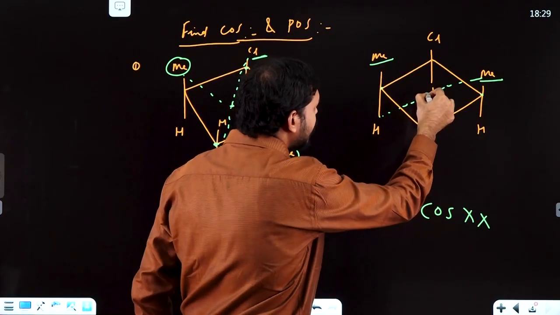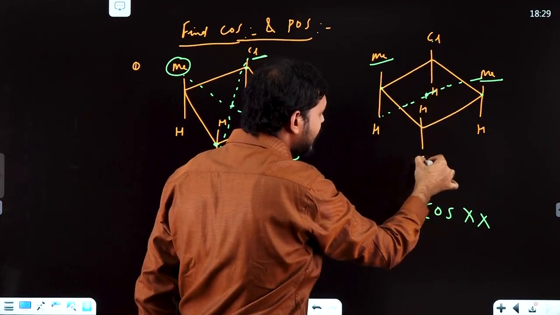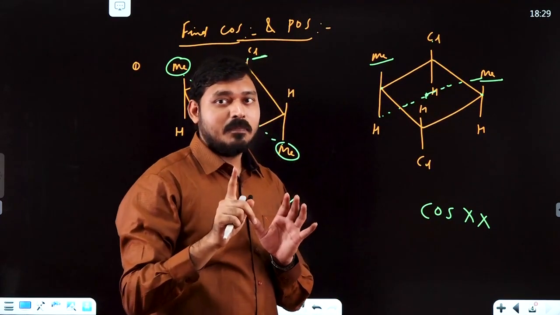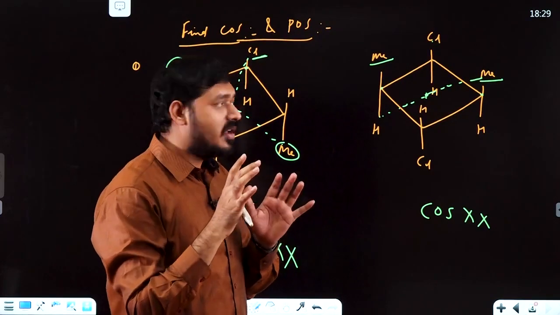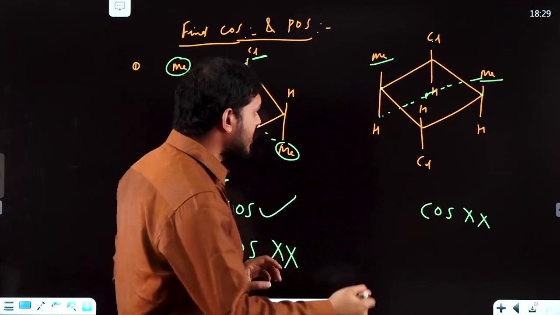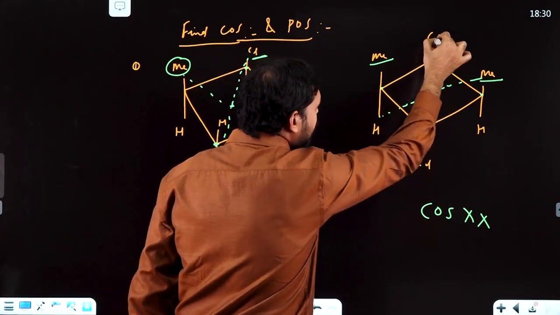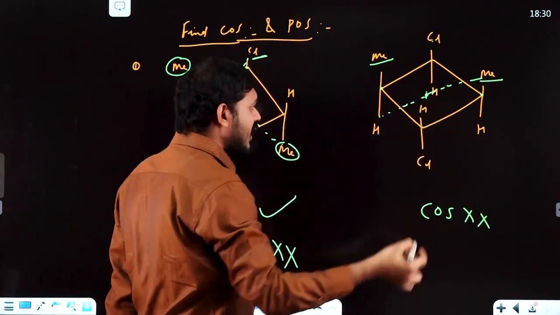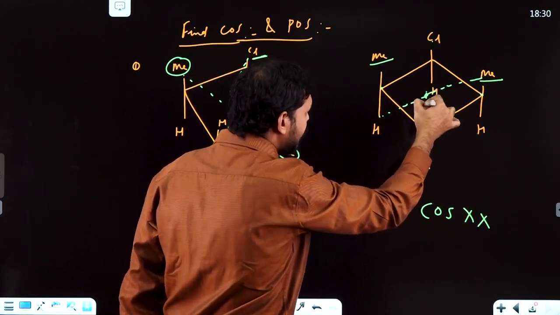But if you observe this, this is upside and this is downside. Now many students must be having this dilemma: sir, whether to say this molecule is having COS or not, because with respect to chlorine atom, this chlorine is upside and this chlorine is downside, and in that way also this hydrogen is downside and this hydrogen is upside.